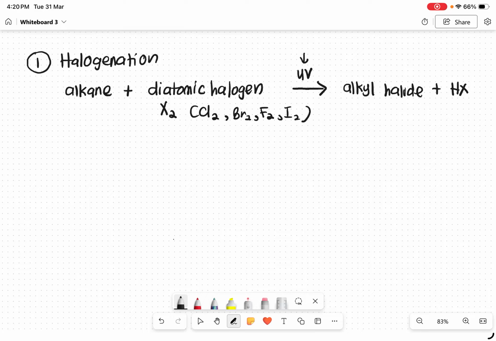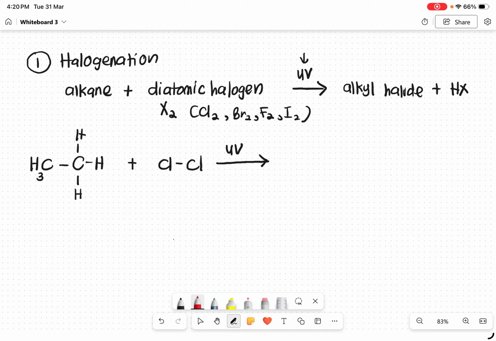So for example, CH3, here we have Cl2, so we expand the structure for the halogen, and then this is UV.